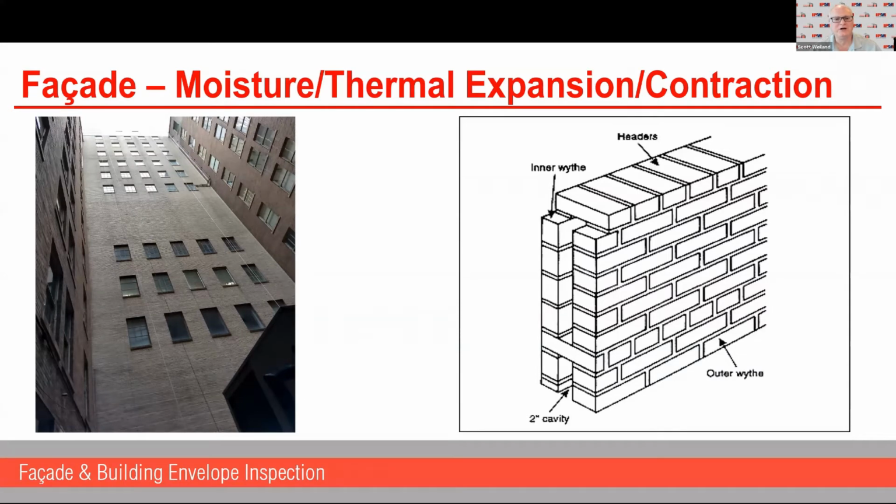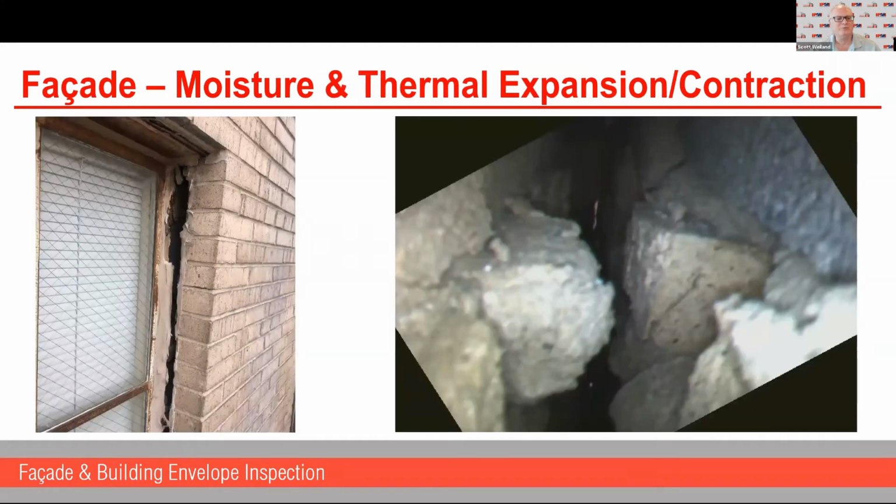And as we saw earlier, CMU is going to be shrinking its entire life, where brick is going to be expanding, and they're fighting against each other when you try to attach them rigidly. And what happens is they break apart, and so it can only go in one direction, of course, and so it goes out. You can see this huge joint that people have tried to fill in with caulk.